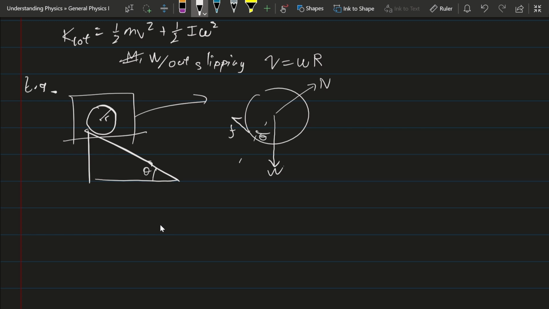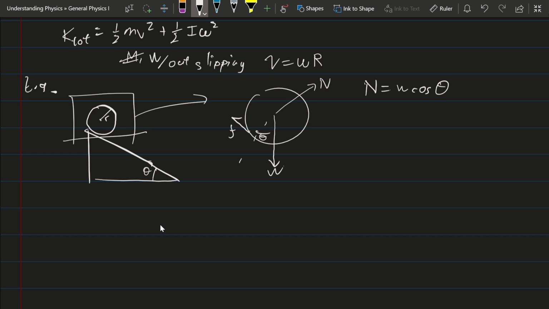First of all, we would notice that N should equal m g cosine theta. Sorry, the weight cosine theta. Otherwise, it will later pass through the ramp, which is no good. So this is the first condition.